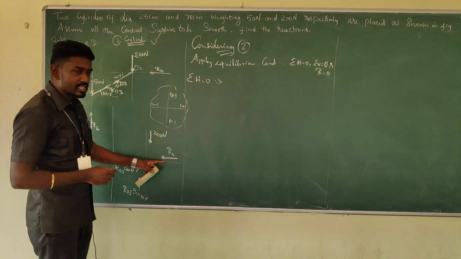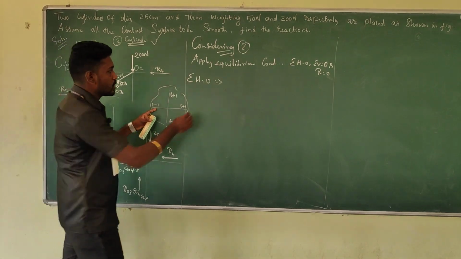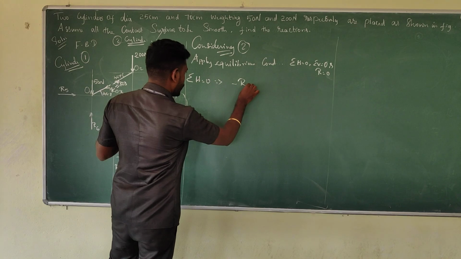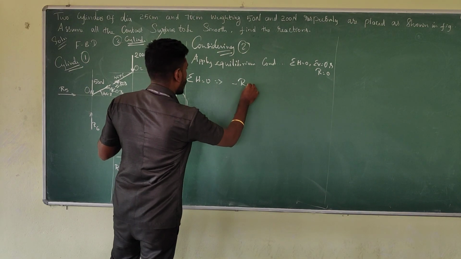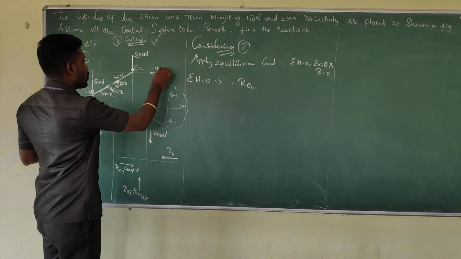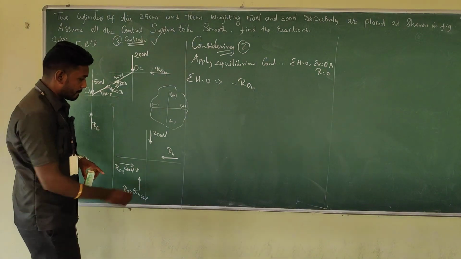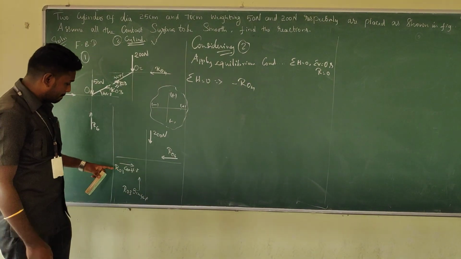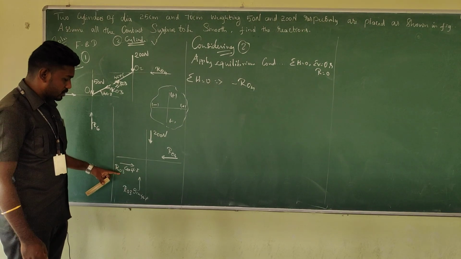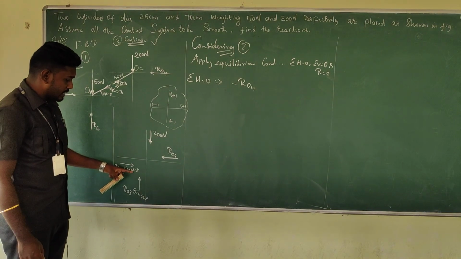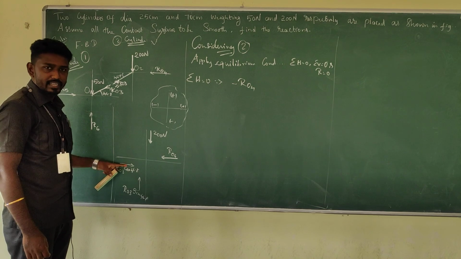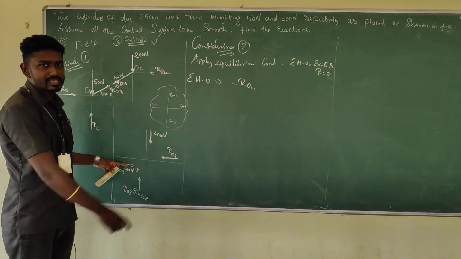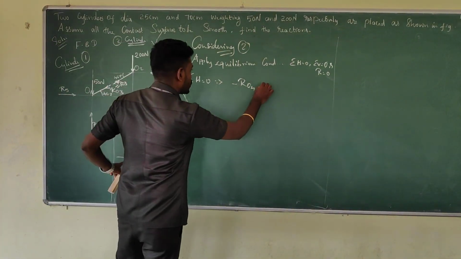So here R4 is directed towards the left, so it is a minus RO4. And then here is a horizontal force RO3 cos 46.8. It is directed towards the right, so it is a positive one.